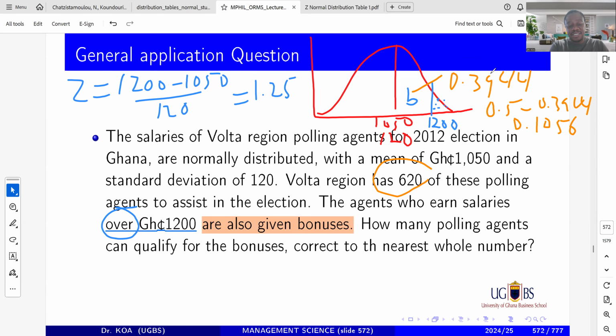So you just take that 620 and multiply it by 0.1056, and that will give you 65.472. The question was very specific, nearest whole number, so that will give you 65. So out of the 620 polling agents, 65 of them qualify for bonuses.